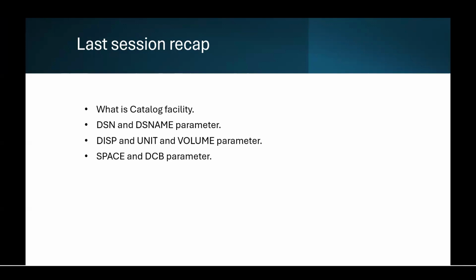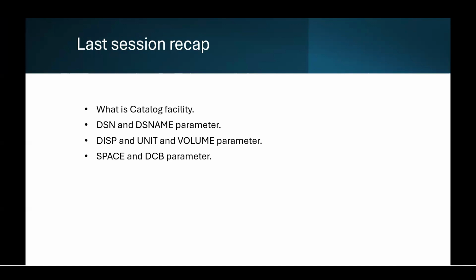The next one is the normal disposition, and another is the abnormal disposition. Normal disposition specifies what the system should do with that data set if the job step ends normally. If the step is successfully executed, what should be the next operation for that file?